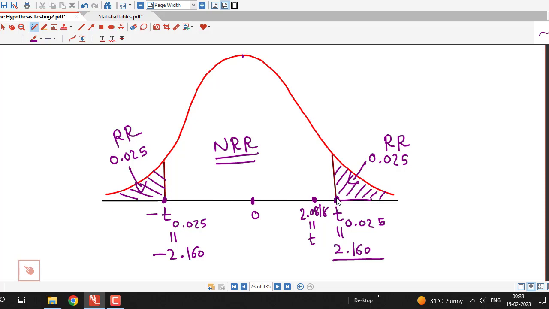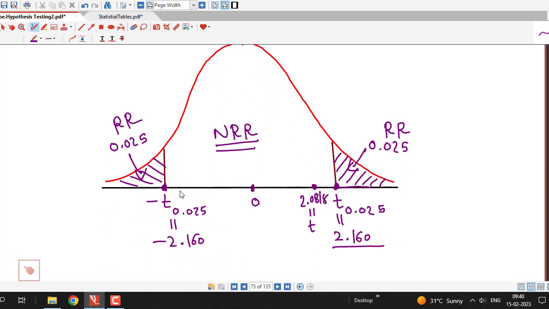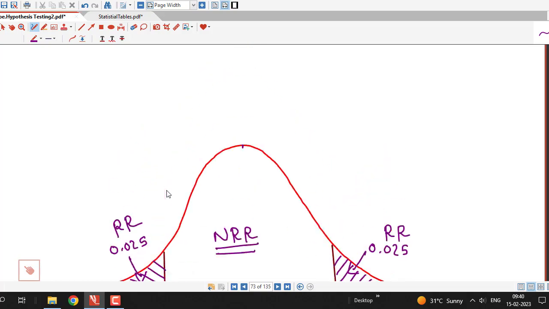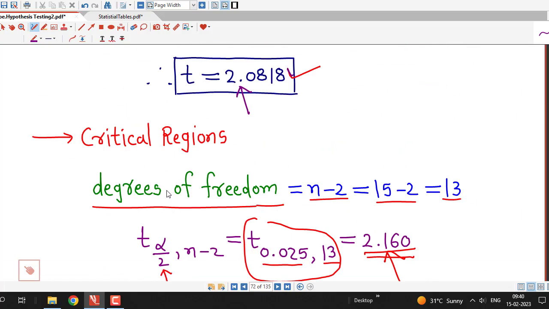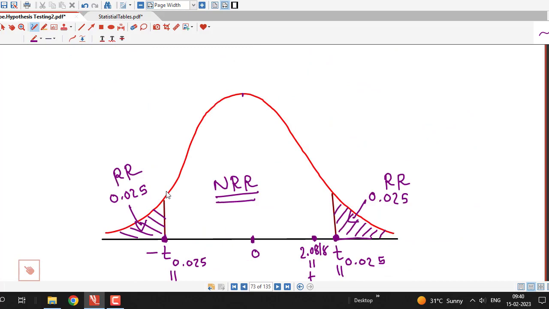It is not compulsory to sketch the figure in your answer when you are writing the exam, but this is just for understanding how we are taking the decision by comparing the calculated value of statistic with critical values. So this is a very simple test for correlation coefficient.